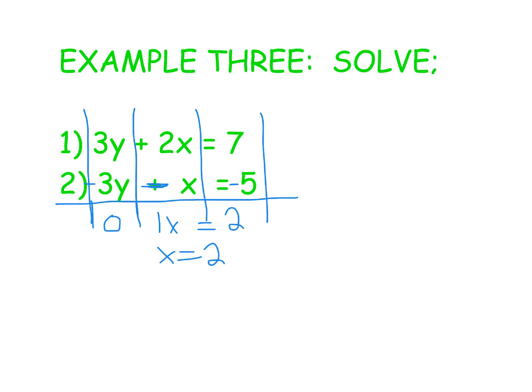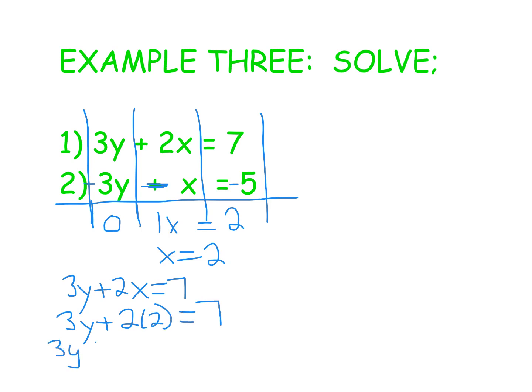Now I can substitute back into either one of those equations. Let's do the first one since we changed the second one. We'll go back into the first one. I'm going to substitute for x. Instead of x, I'm going to write 2 times 2 here. So 3y plus 4 equals 7. 3y plus, let's do minus 4 minus 4.